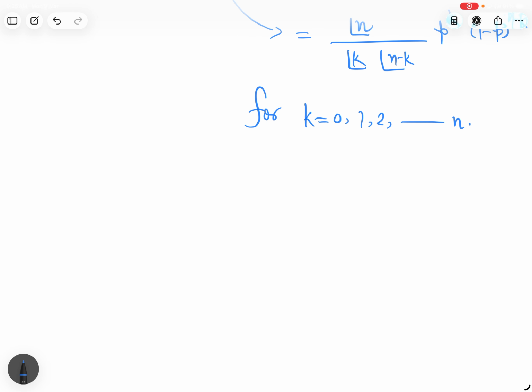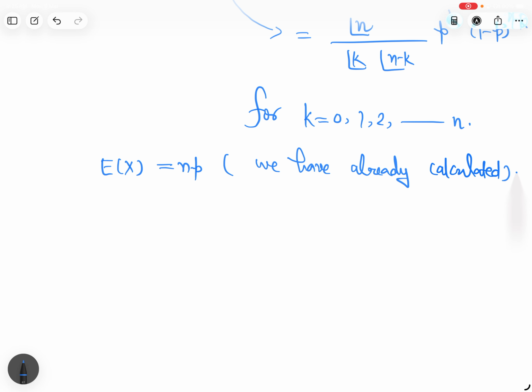Now we have already checked what the expectation of the binomial distribution is. The expectation of the binomial distribution is np. We have already calculated it.